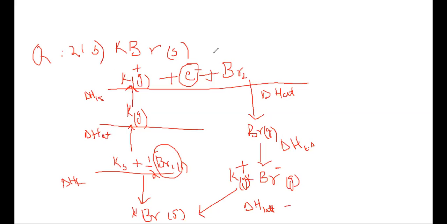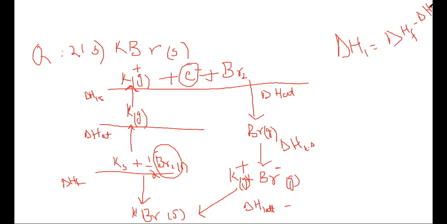This is part B. We have drawn the labeled Born-Haber cycle for the formation of potassium bromide. Part C is, using the information given in the table below, calculate the lattice energy of potassium bromide. As we know, we can calculate the lattice energy: delta HL is equal to delta HF minus delta Hx.